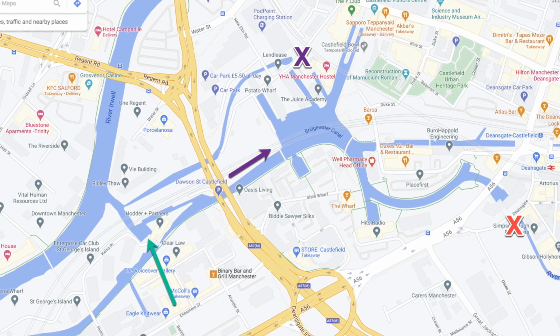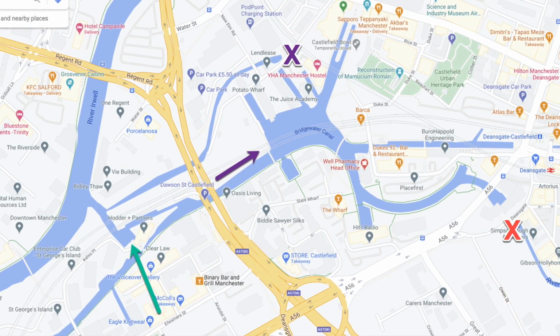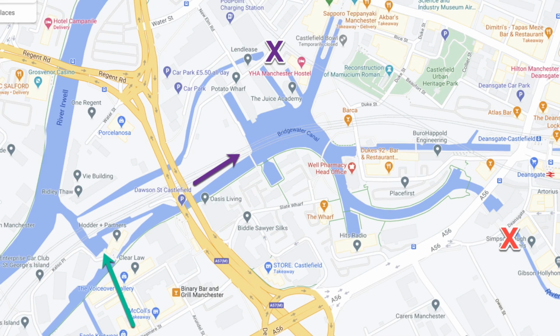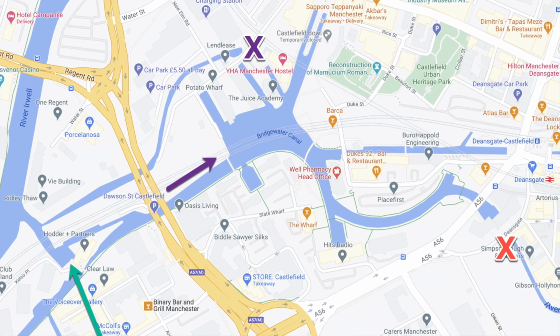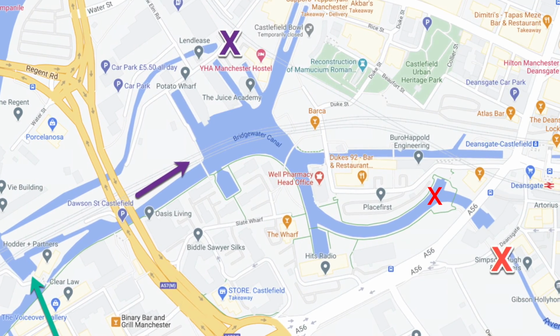As we zoom in here, you'll see the main basin, and to the right you'll see a very straight canal. That's the Rochdale Canal. But you'll see a little spur off the Rochdale Canal, just where it says Deansgate. Now see, that spur is in line with where I've just gone into Grocers Warehouse.